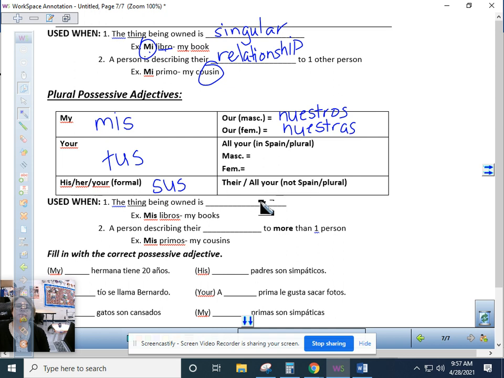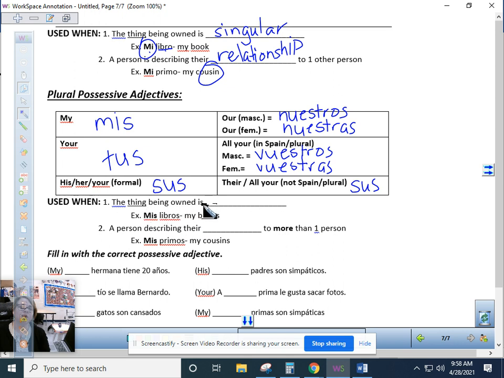For our. For all your in Spain, it's vuestros, vuestras. And then, of course, this one's the same. That's why when it falls into this category, we tend to use clarifiers to make sure you know what we're talking about, or a subject, right?